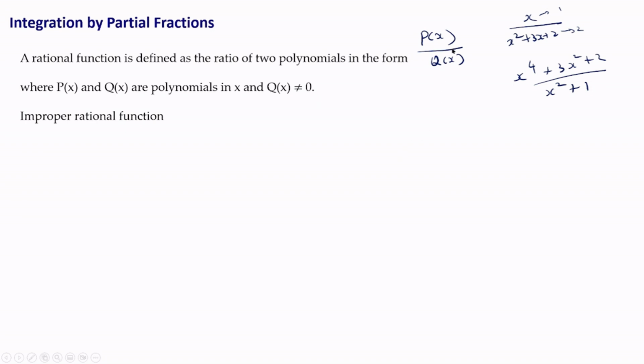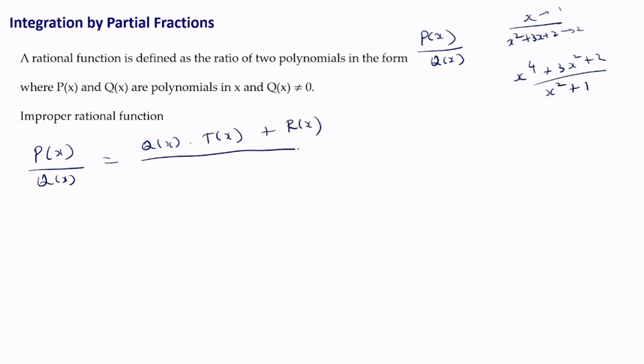If the degree of numerator is more than the degree of denominator, we have to perform long division method and we have to reduce p of x upon q of x as q of x into t of x plus r of x upon q of x.